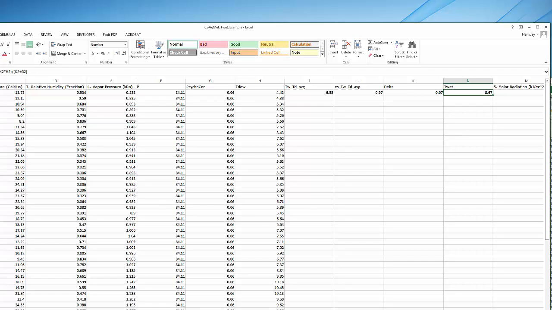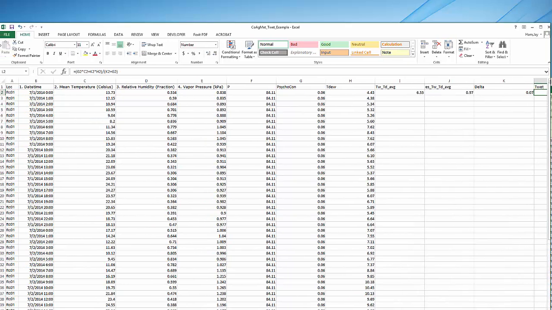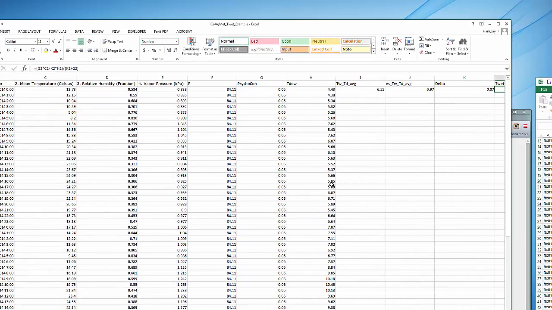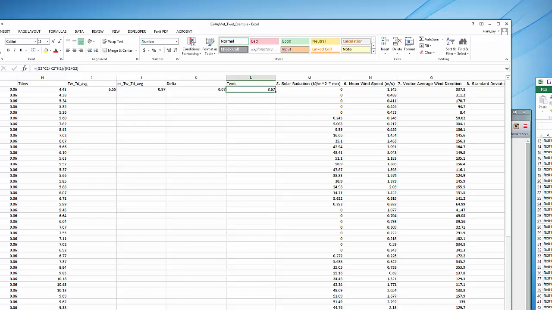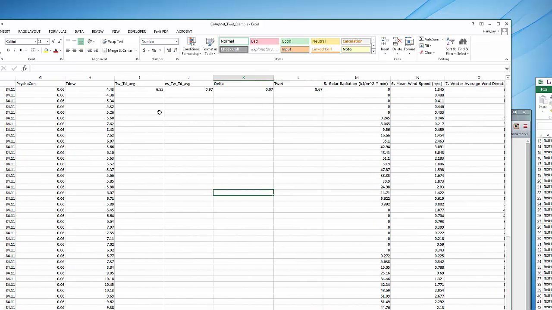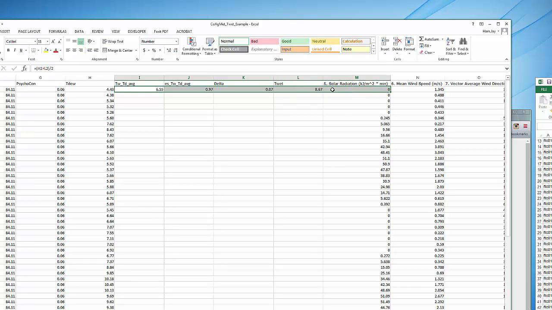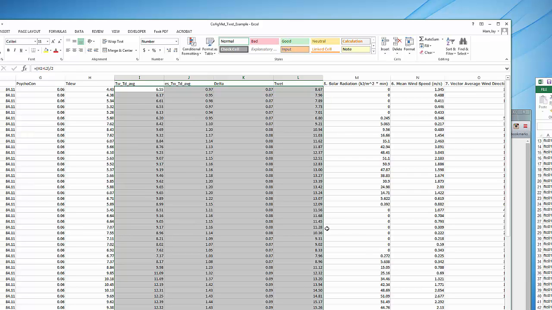Okay. Now once you have those groups of cells set up and ready, you can go in here, highlight these, and click on them, and it'll go ahead and calculate the dew point for the rest of them.